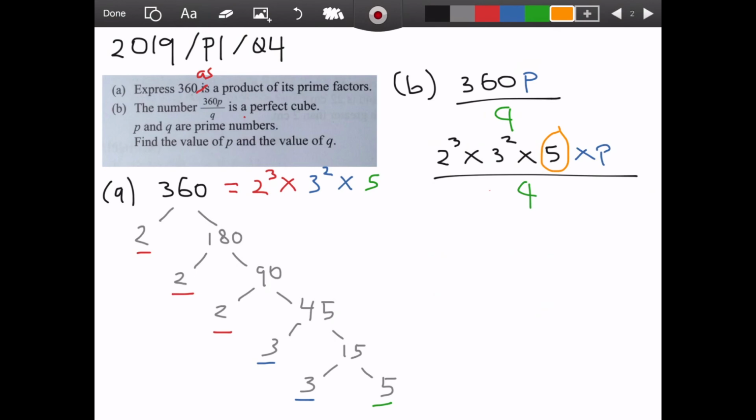This one only has a power of 1. So either we multiply it by another 5 with power of 2, to make this 5 to the power of 3, or we divide it by 5, so that this prime factor will be cancelled out, and we will be left with factors that form a perfect cube.